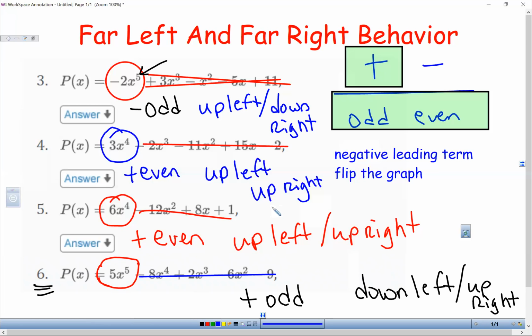Okay. So again, when it's negative, you just take your answer from positive and you reverse them. So if it went up when it was positive, it's going to go down when it's negative. If it went down when it was positive, then it's going to go up when it's negative. Just the opposite direction.